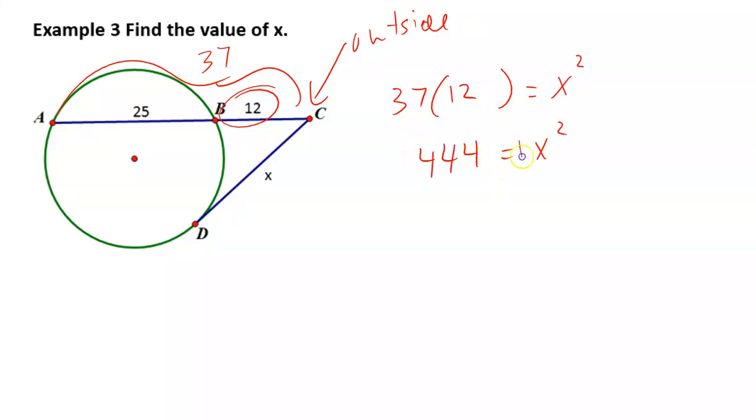We're going to take the square root of 444, which is going to give us 2 root 111 if you simplify it, because 4 times 111 is 444, and the square root of 4 is 2. Or if you want a decimal answer, about 21.07.